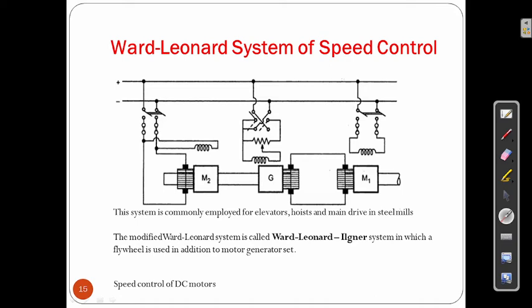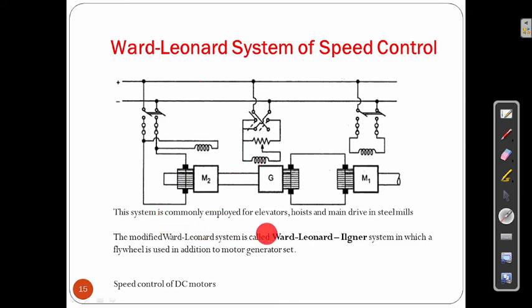If we give a supply, this motor will rotate and give power to the generator, so the generator is running. By changing the switches, we can control this generator, and with the help of this generator, we can control the speed of the motor. This is the main concept of the Ward-Leonard system of speed control.